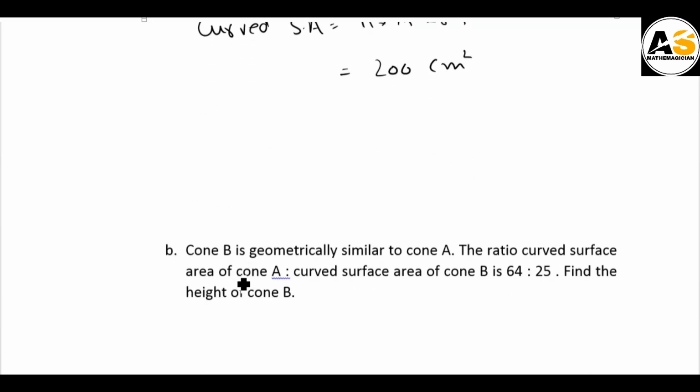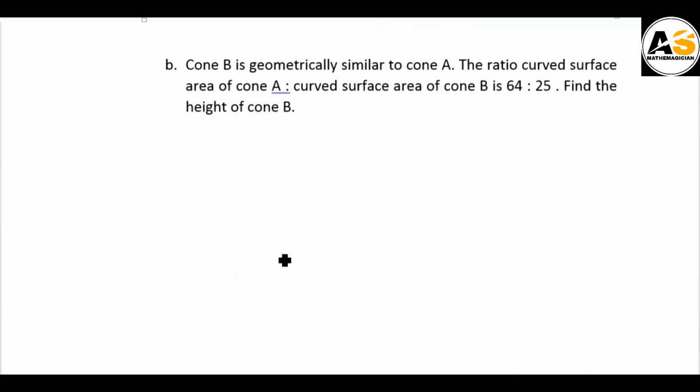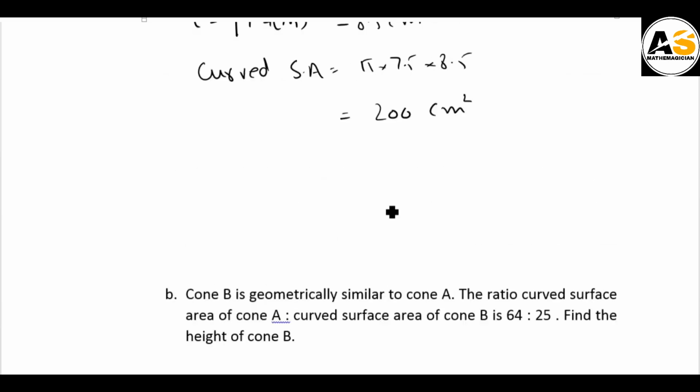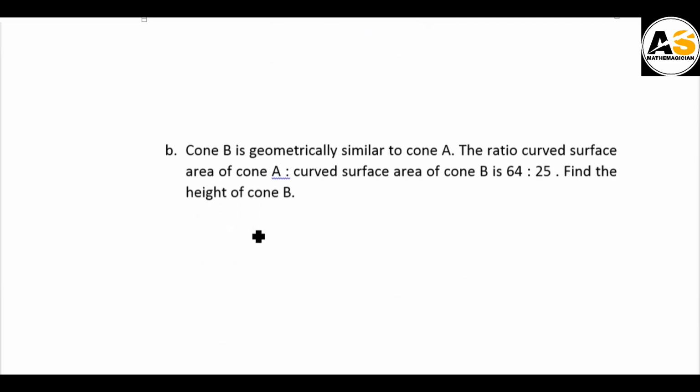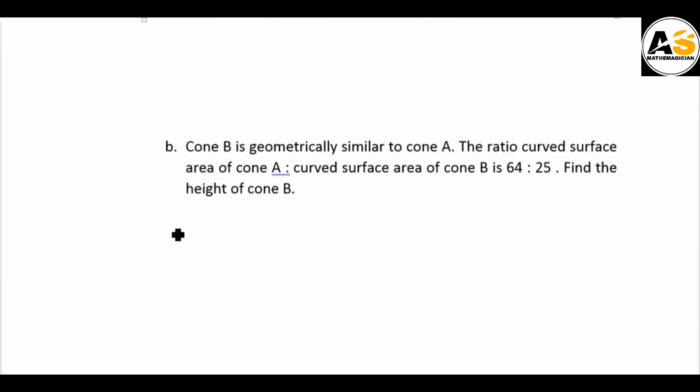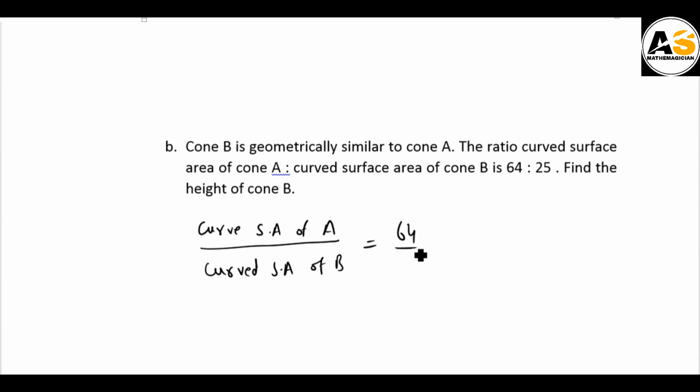In the second part, we are given that we have another cone which is geometrically similar to this cone, and the ratio of curved surface area of A to that of curved surface area of B is equal to 64 ratio 25, which we know from our concepts of similar figures.